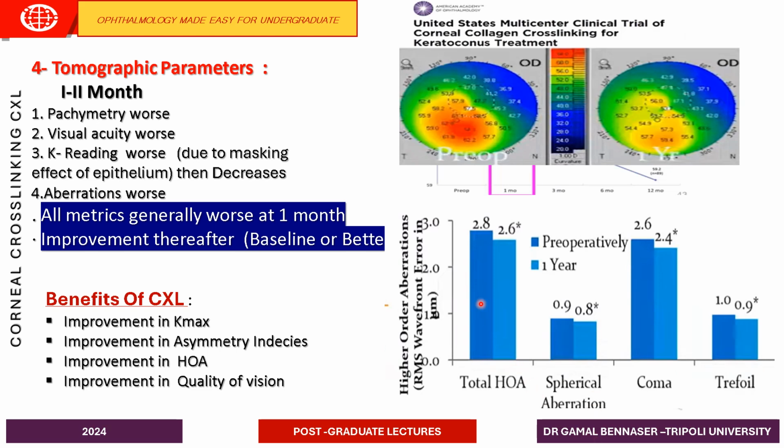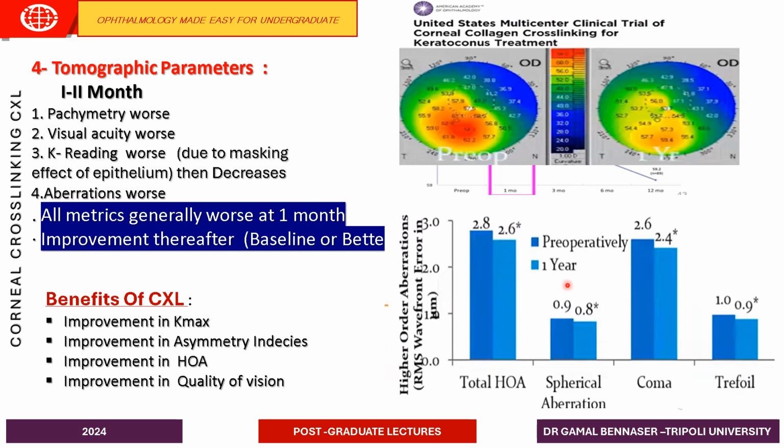Now, if you can see this diagram, the diagram shows the patients comparing postoperatively over 1 year the high order aberrations of patients who underwent cross-linking and patients who did not undergo cross-linking. You can see that there is a significant reduction in the total high order aberrations between the preoperative group and the postoperative group.